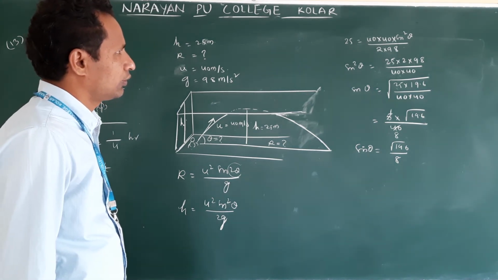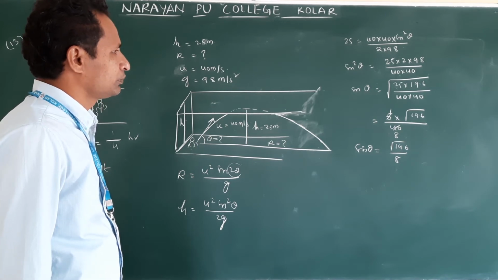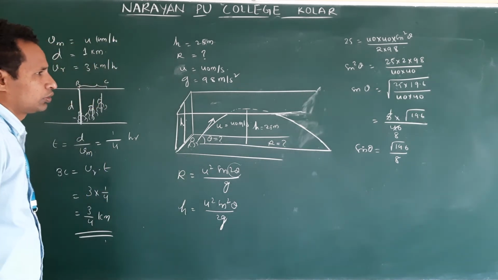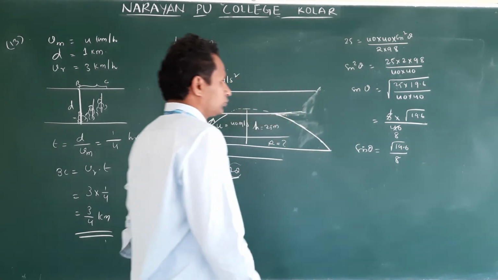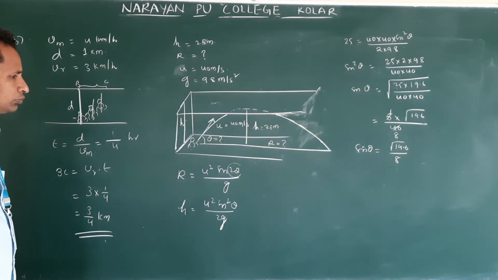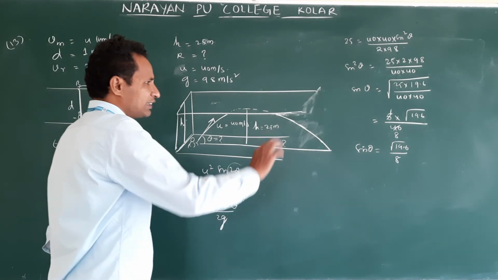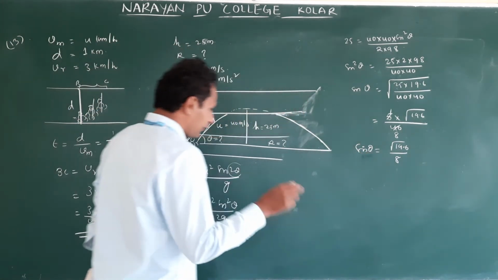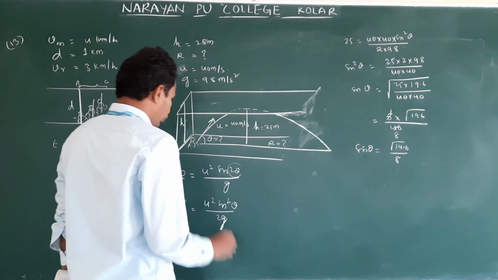Clear? Here 25. Okay. Now that is sin theta. Finding theta is direct, and another way is also there. We will follow two solutions. This is one way.